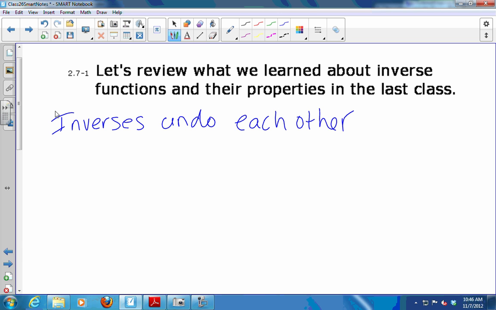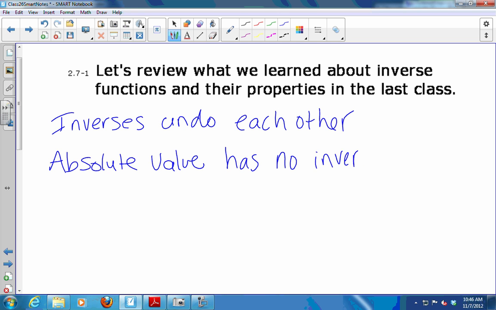Yes, absolute value doesn't have an inverse function. Why not? How do you know? The horizontal line test. Good.